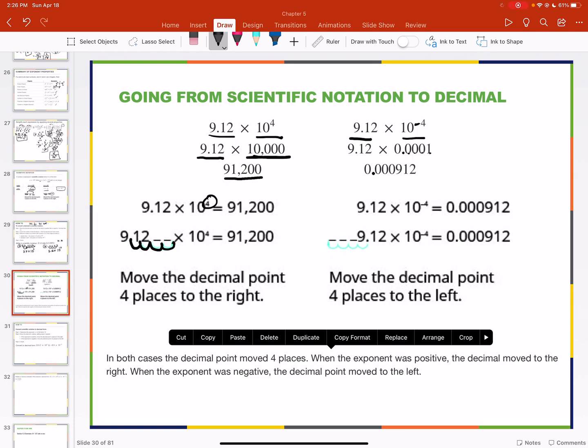So then you add 2 zeros. And then here, 9.12 times 10 to the negative fourth, if I move it over 1, 2, 3, 4, I moved the decimal 4 places to the left. Okay.